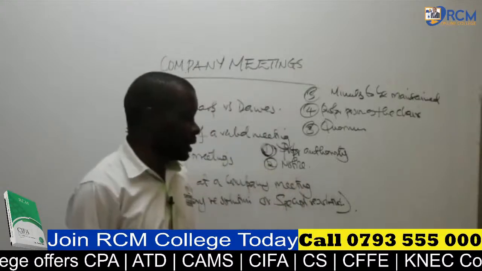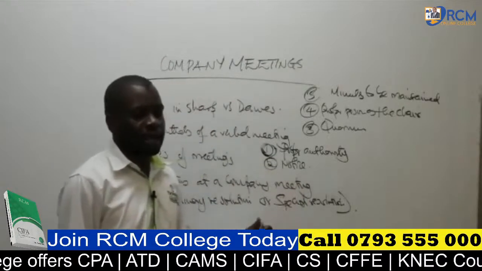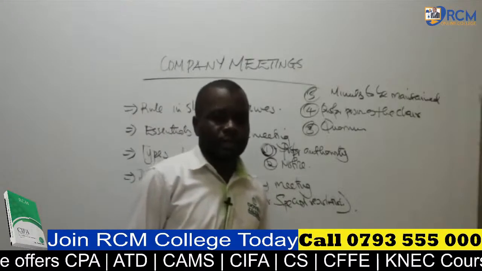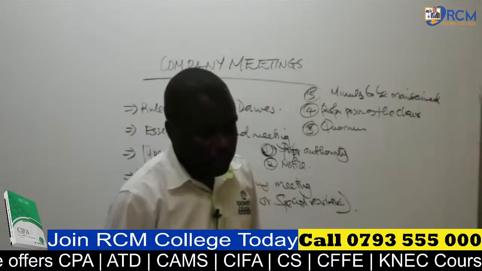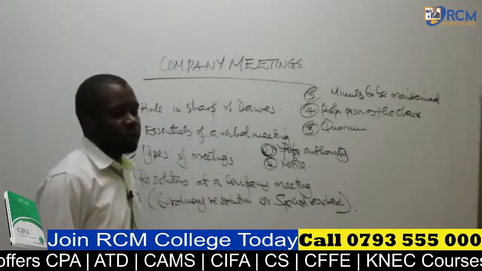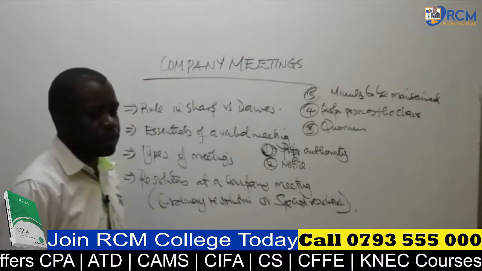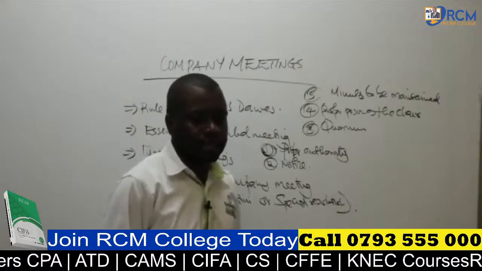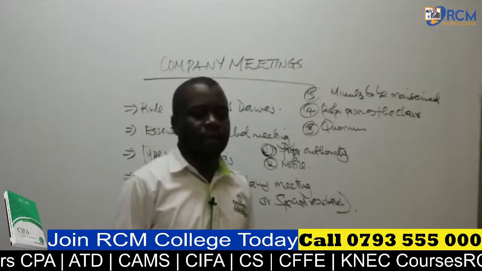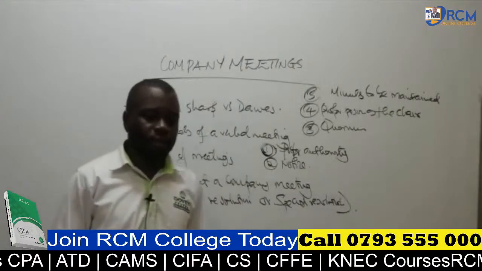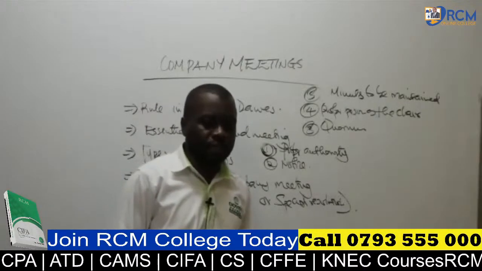Then at the end of it all, the minutes will be signed by the chairman of the meeting and also the secretary of the meeting. So that is basically what you'll be able to get in the minutes of company meetings. Just the normal format of minutes: these minutes will clearly indicate the date, time and place where the meeting was held, those who are present, and those who are absent with apologies.